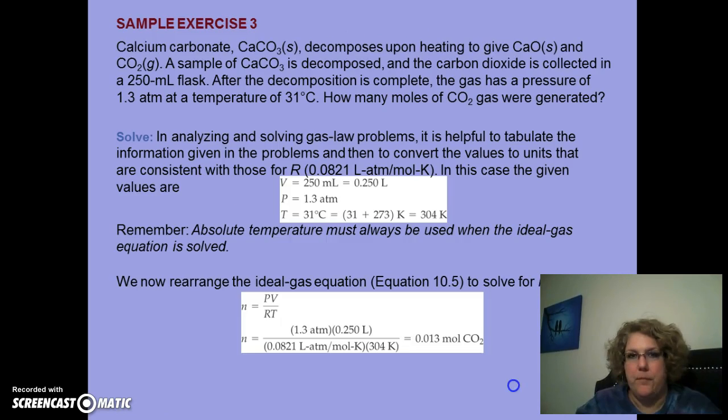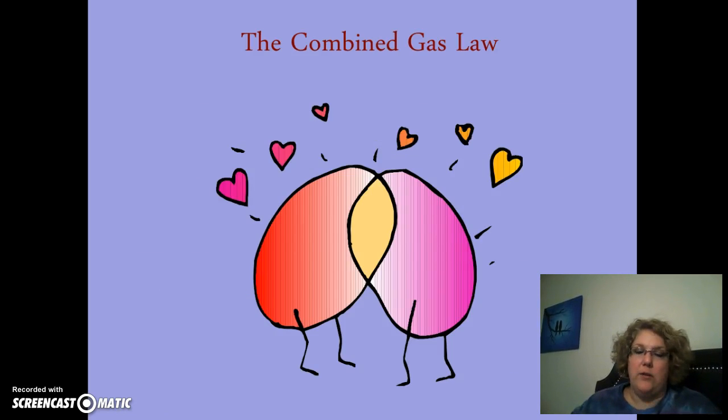Ta-da! So just algebra. Now, this is probably my favorite gas law right here, the combined gas law. What that's based on is sort of like the dilution formula, M1V1 equals M2V2. It's similar to that because it's using a similar premise.